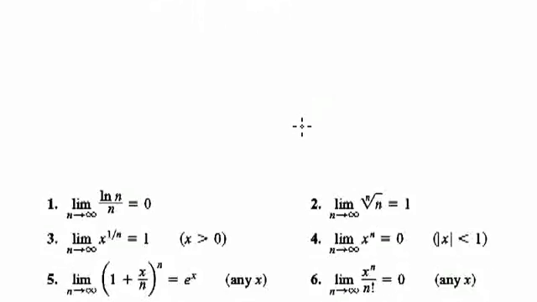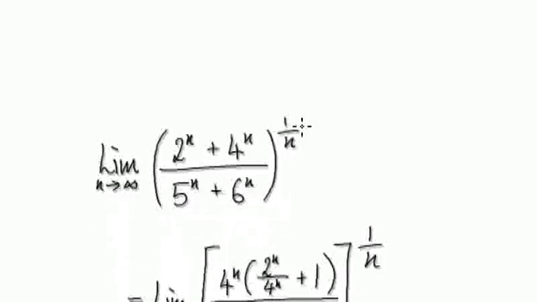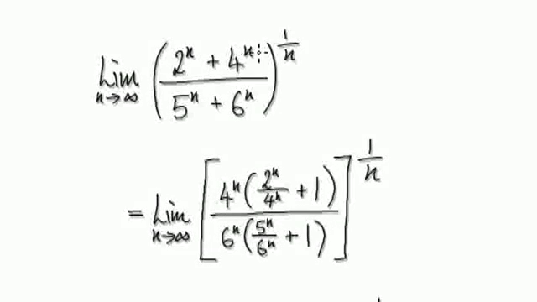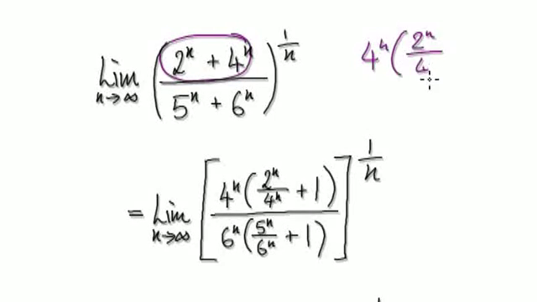So here's a trick. We know we can't divide everything by 6 to the power of n. So let's factorize out the 4 to the power of n. So do this: 2 to the power of n over 4 to the power of n plus 1.